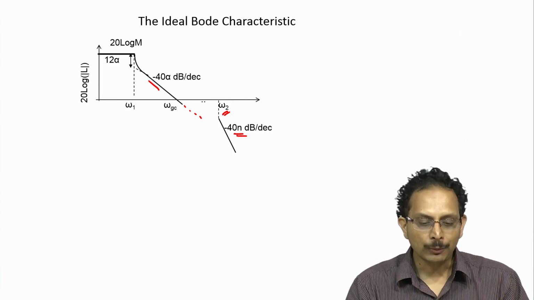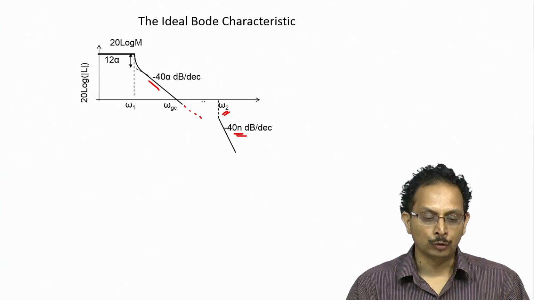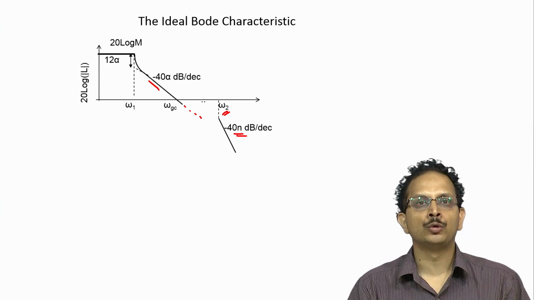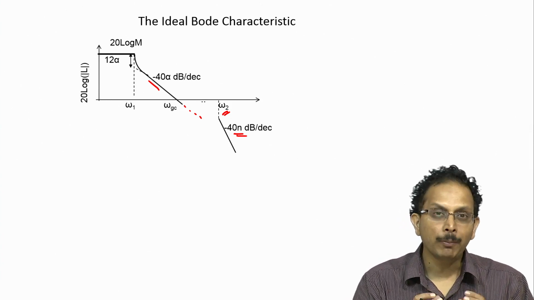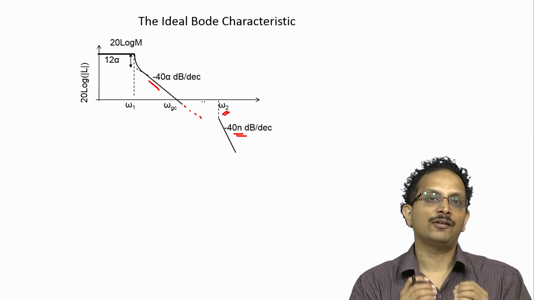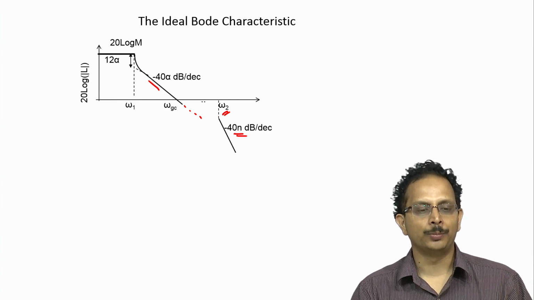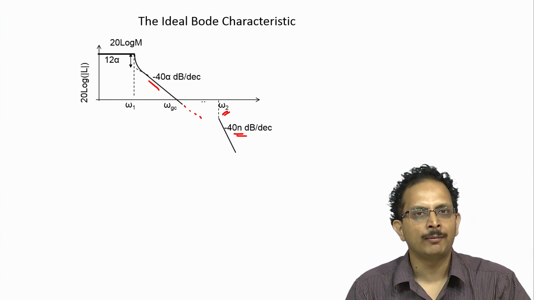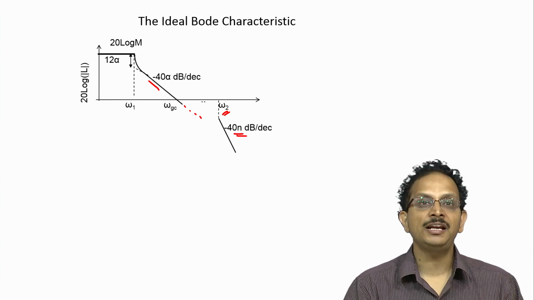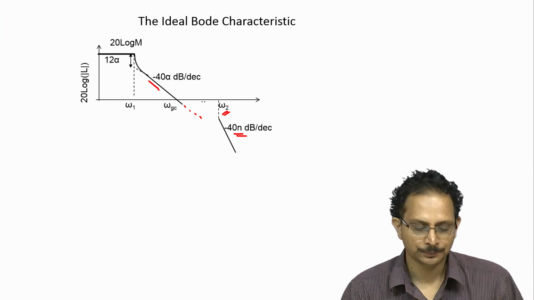Hence the consequence of introducing the final roll off, no matter at what frequency omega 2 we introduce it, is that it might potentially affect the phase lag of the loop gain at lesser frequencies, in particular frequencies between omega 1 and omega gc, where stability is a real concern for us.